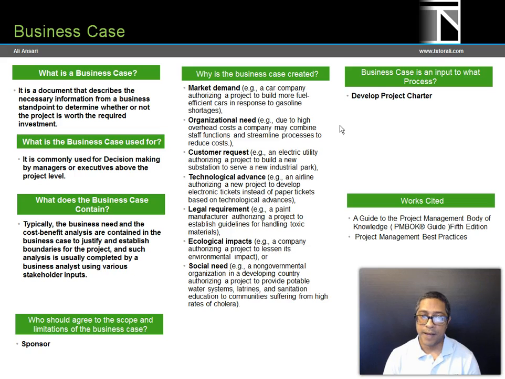Now, there are these factories where they emit a lot of chemicals in the atmosphere. So they will authorize a project so that they can reduce the environmental impact, reduce the chemicals that come out of these factories. Now, another reason for creating a business case could be a social need.